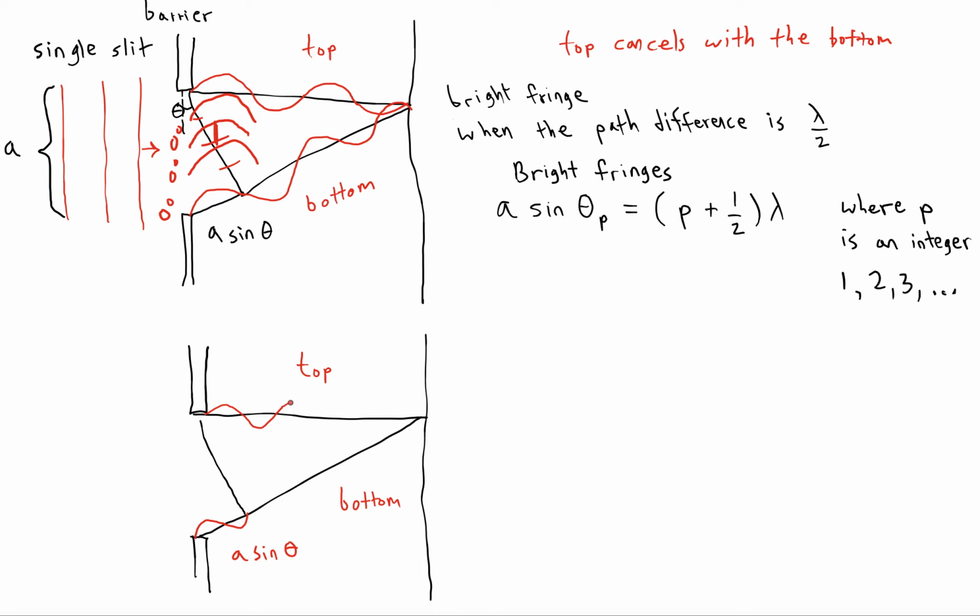Now you might think, like, why in the world would that cause total cancellation? Like you can see here, these guys are going to constructively interfere. The top and bottom constructively interfere. But in this analysis, they are not the only waves involved.